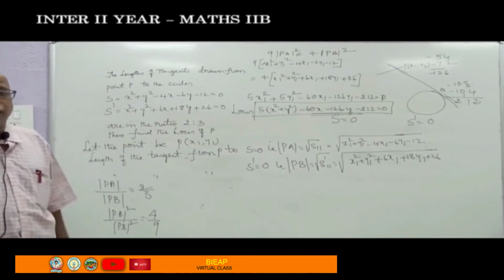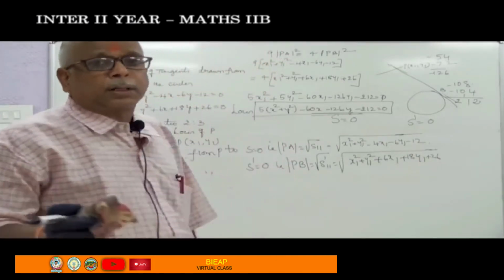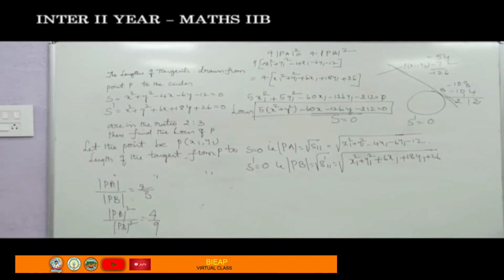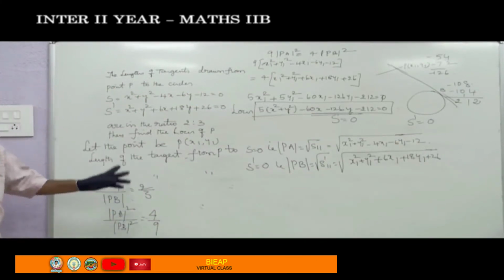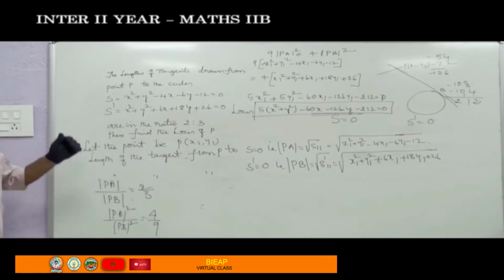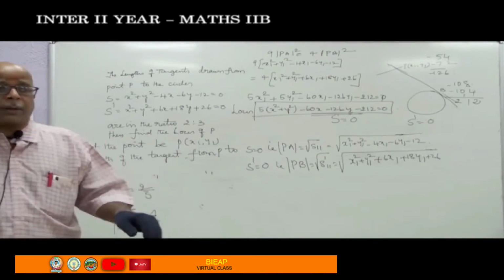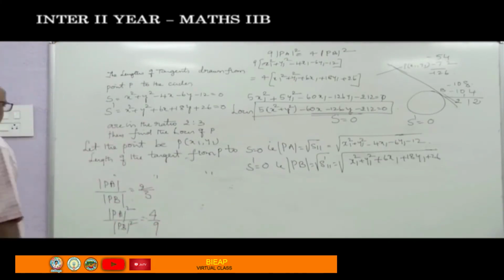This is among the essay type questions. This is a very important question, particularly from our examination point of view. What have we done here? Two circles were given, and one point. We determined the lengths of tangents from the point to the two circles, and their ratio was given.